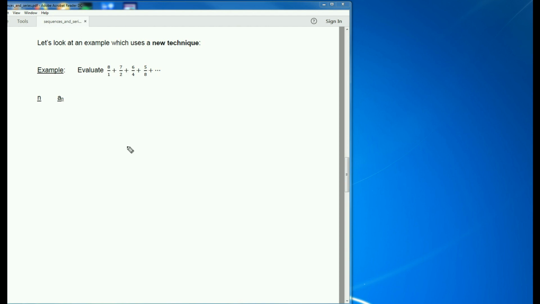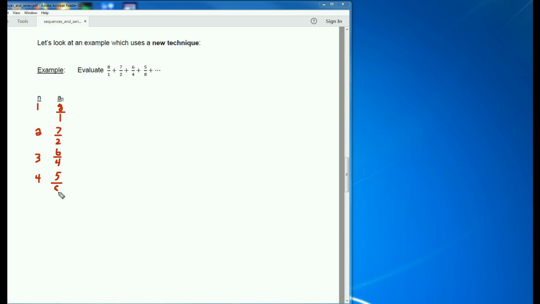Let's start just by listing it down. The first term is 8 over 1, and there's a reason it's written like this, so let's just leave it. The second term is 7 over 2. The third term is 6 over 4. The fourth term is 5 over 8, and so on.